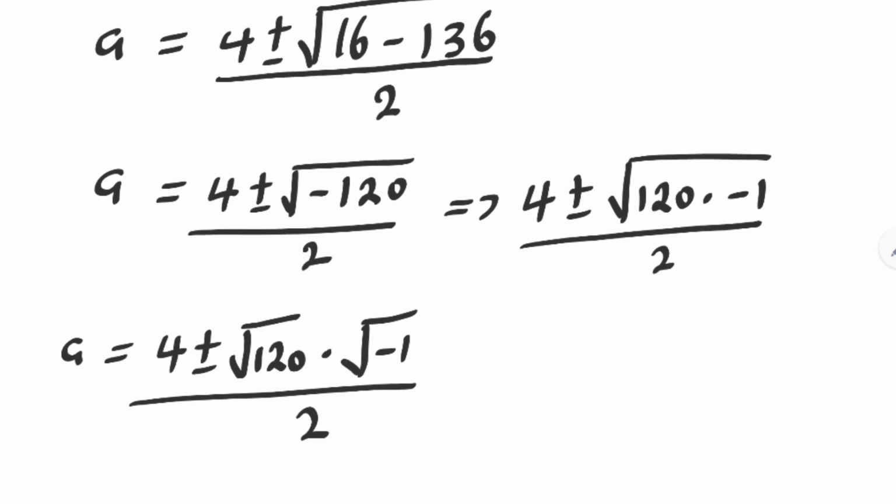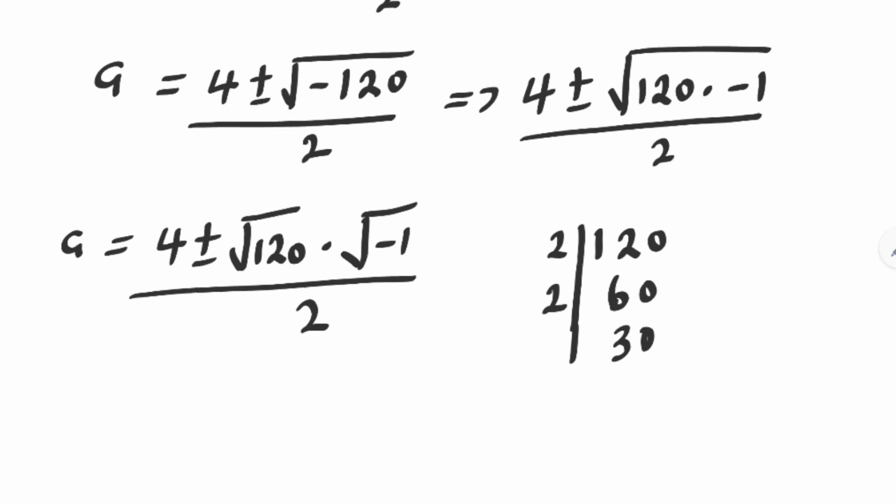Then 120, let's see, this is divisible by 2. Here is 60. This is divisible by 2. Here is 30. And this is only divisible by 2. Here is 15, 5, 3, 1.